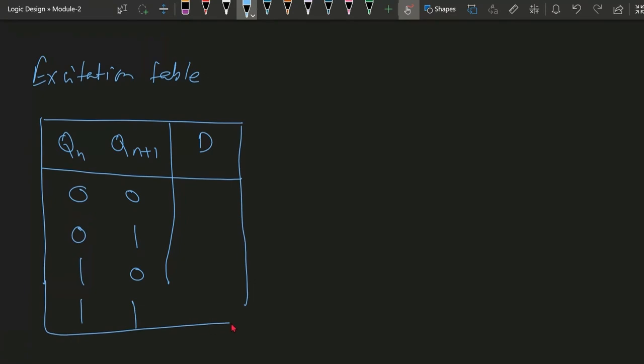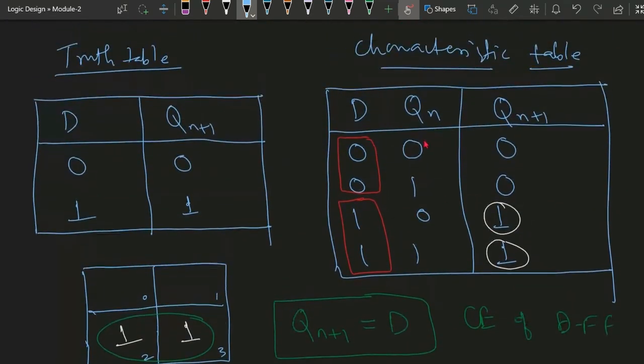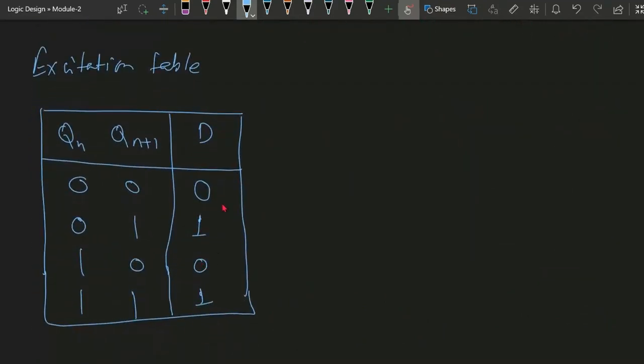These are the possible conditions of Qn and Qn plus 1. If Qn is 0 and Qn plus 1 is 0, D will be 0, because D is with respect to Qn plus 1 only. If Qn plus 1 is 0, D is 0. If it is 1, D is 1. If it is 0, D is 0. If it is 1, D is 1. You can check this from the characteristic table also. It comes out the same. So this is the excitation table.